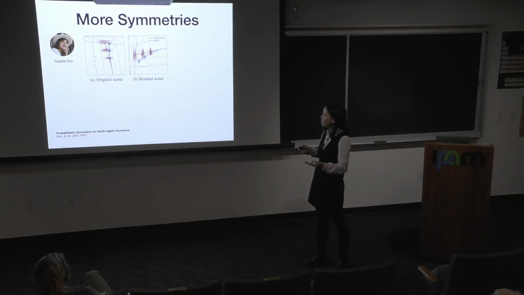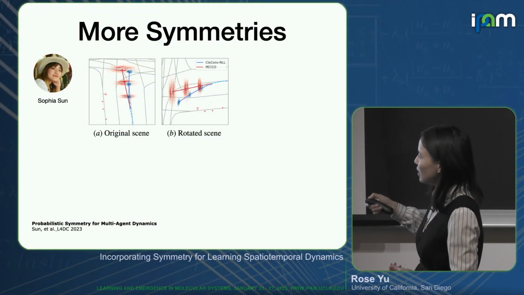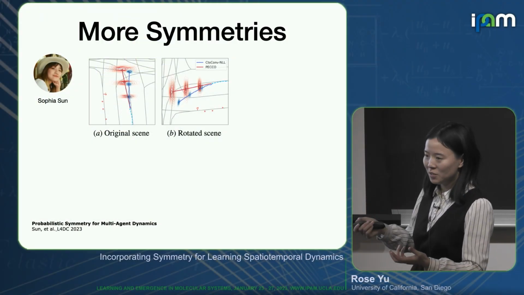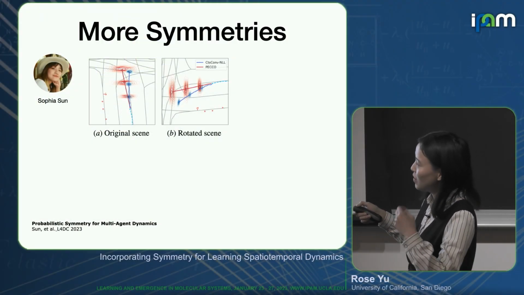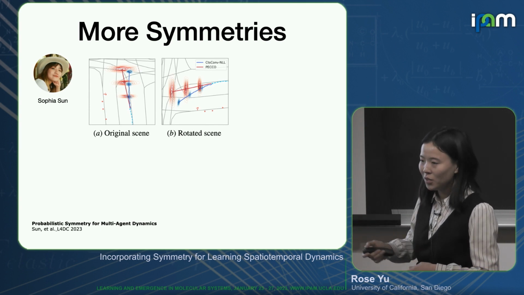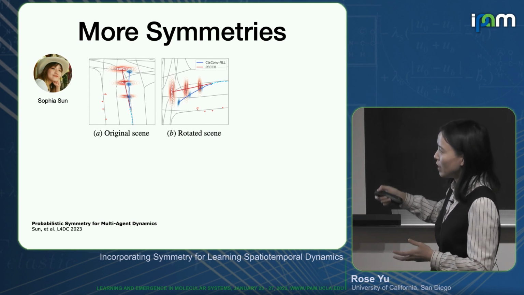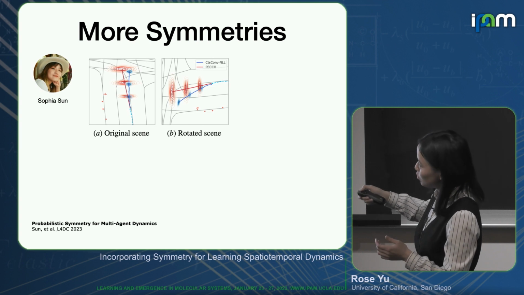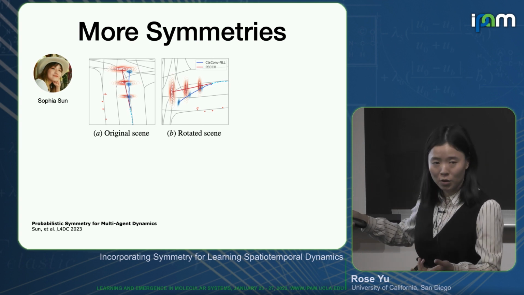Yes. Okay. So, more symmetries. I talked about free work, right? This is work led by my student Sophia. This is trying to do symmetry for the probabilistic space, and we looked in detail at Frank's paper on equivariant flow models. We wanted to look at forecasting of autonomous vehicles. So this is the trajectory of an autonomous vehicle in the real world.